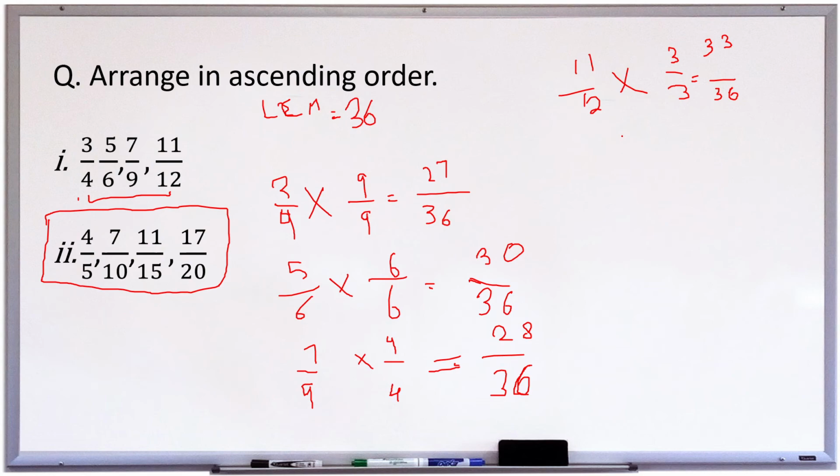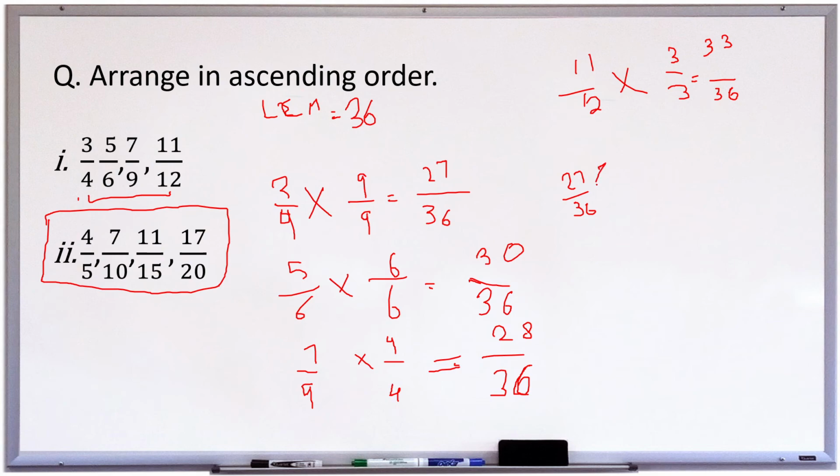Alright, so now we have obtained these numbers. So 27 upon 36. Okay, now arrange them in ascending order. So this one is the smallest. It is clearly visible that 27 upon 36 is the smallest. Now which one is second smallest?